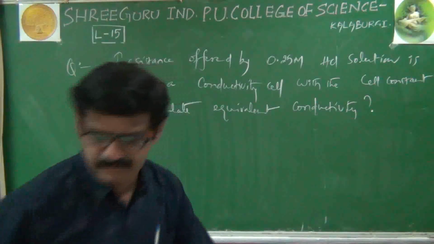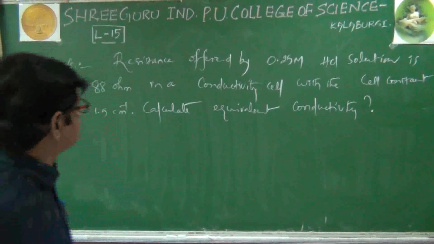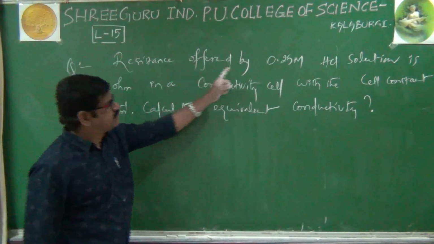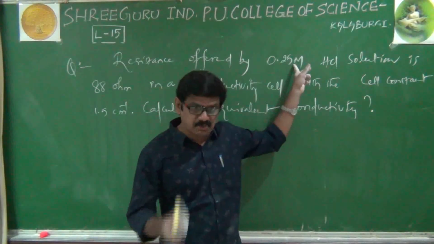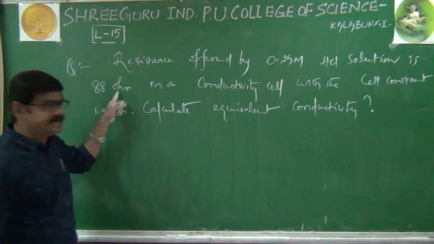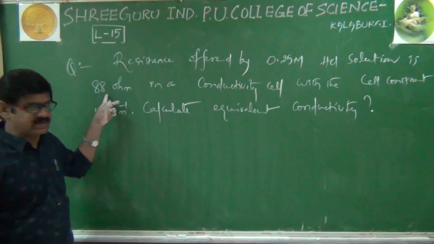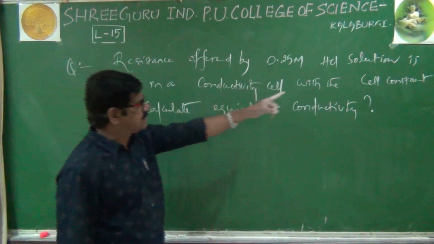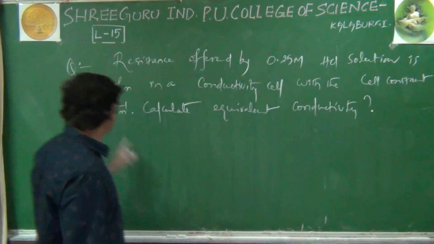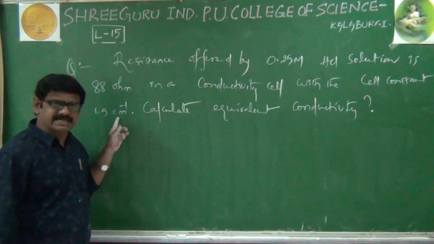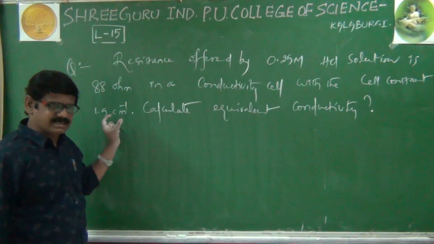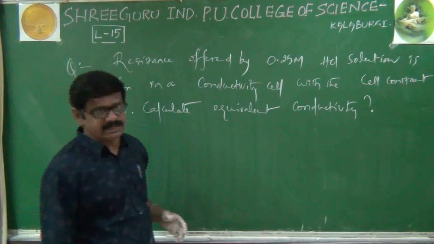This is the question. First we will try to understand the given data. Resistance offered by 0.25 molarity of HCl solution is 88 ohms. R value is given. In the conductivity cell with a cell constant, nothing but G star, L by A, the value is given as 1.5 per centimeter. See here carefully, CGS system unit is given. Calculate equivalent conductance.